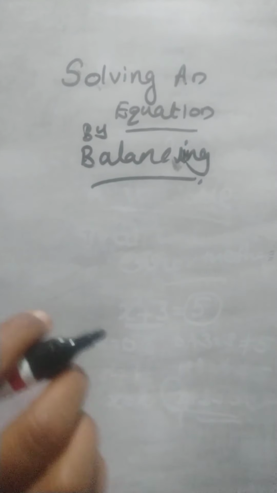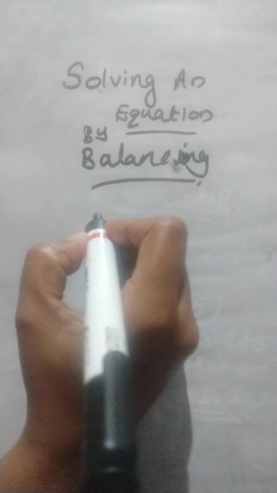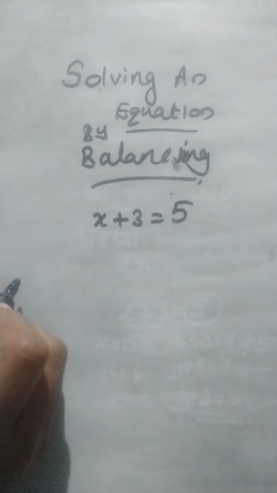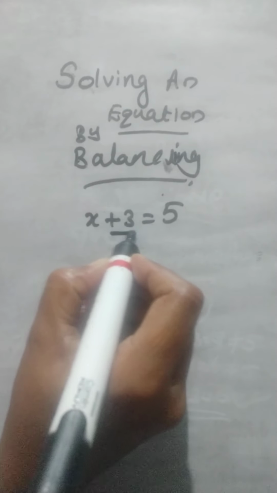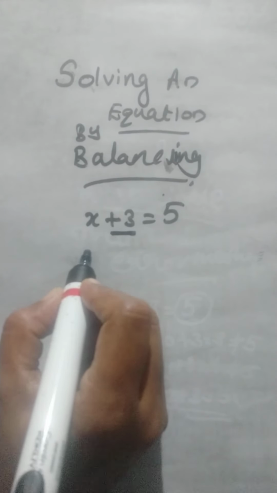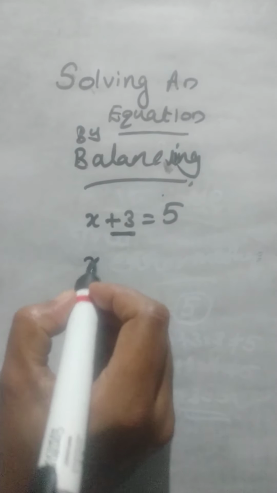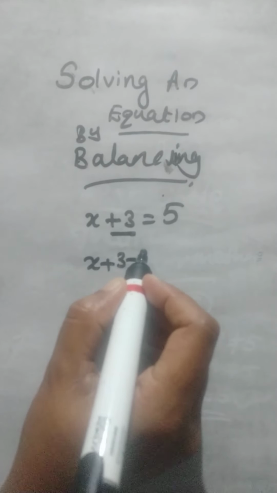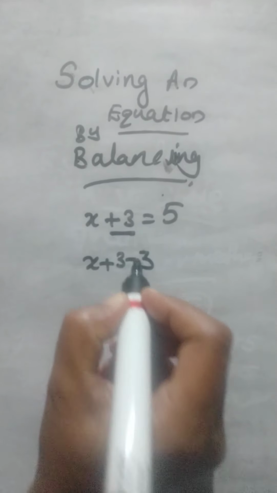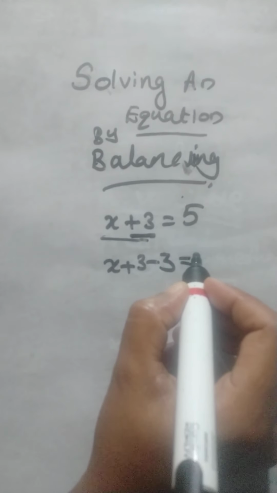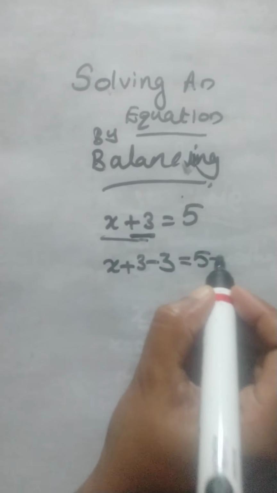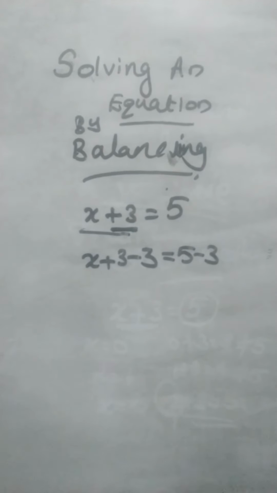Here is the same equation, x plus 3 is equal to 5. How can we do it by balancing? Here you can see plus 3. If we subtract 3 from this LHS part, we have to subtract 3 from here also. This way we have to balance.